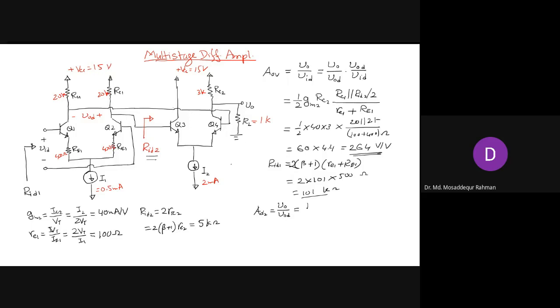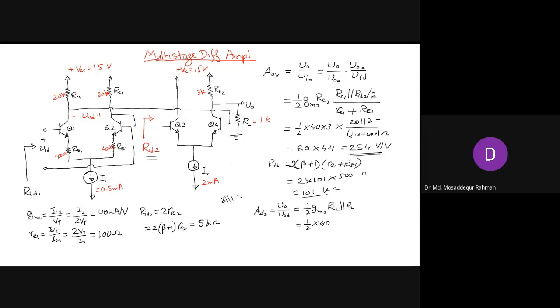That will be half gm2. Now it's not just RC2, it will be RC in parallel with RL. So we have half, and gm is 40. Here RC is 3K and RL is 1K.